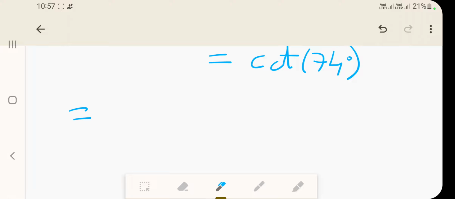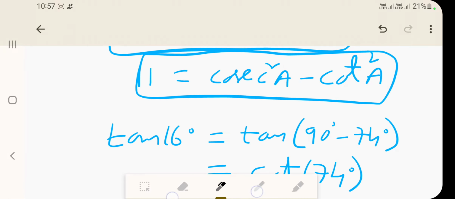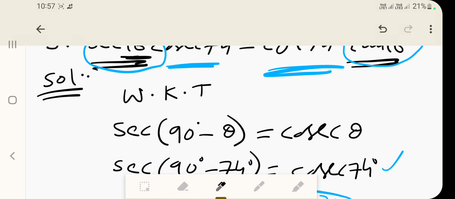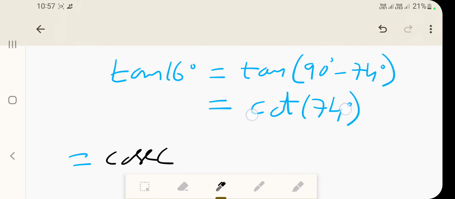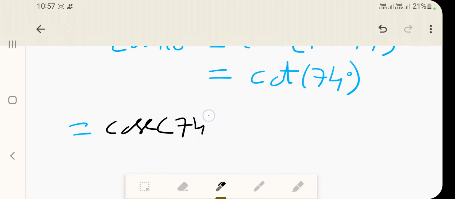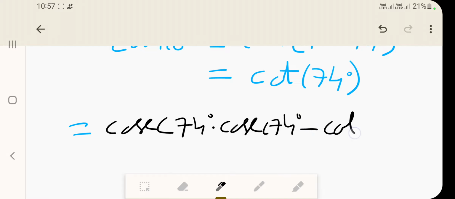So what we can write here: secant 16 is replaced with cosecant 74 into the already present cosecant 74, minus cot 74, and tan 16 is replaced with cot 74.